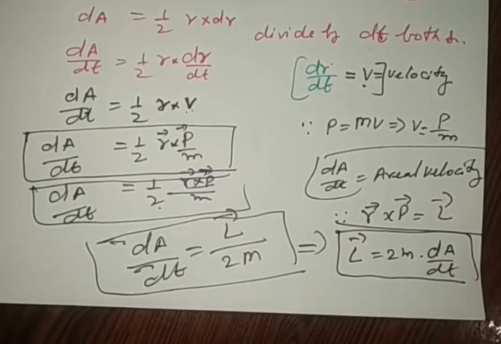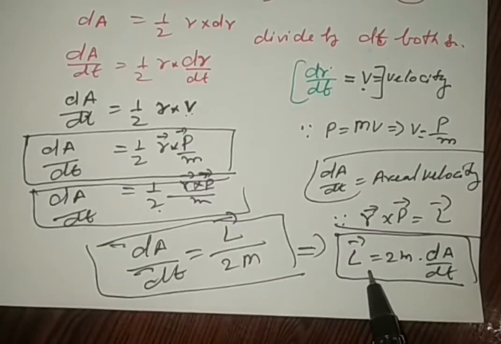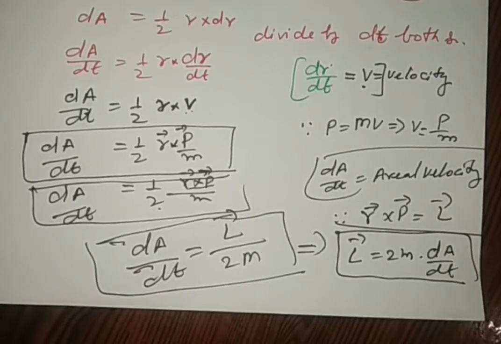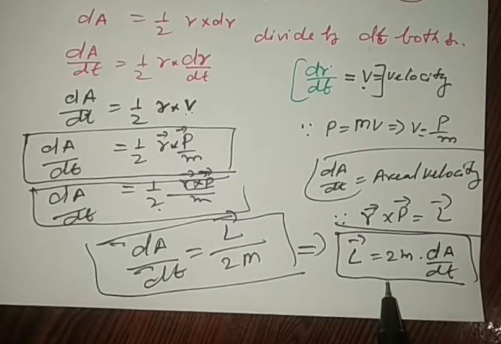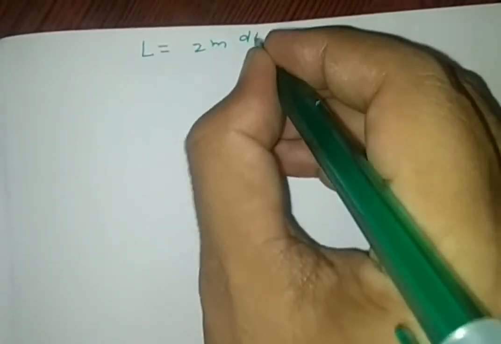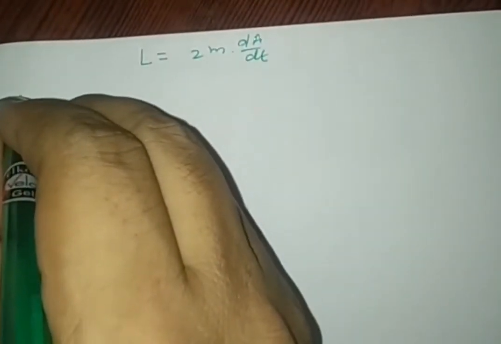So the angular momentum of a body is equal to twice the product of the mass of the body and the areal velocity. So it is a new definition of angular momentum. See carefully here.